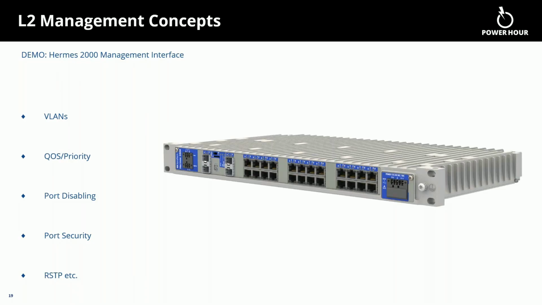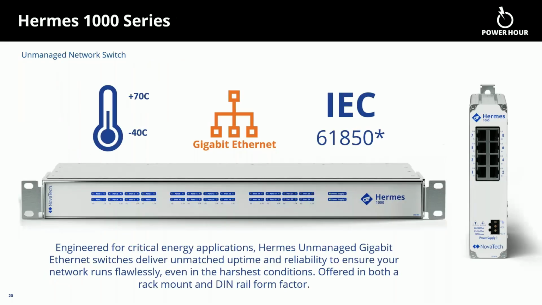So, all right. This is not part of the basic networking presentation. This is just something that we thought you'd be interested in since you're on a NovaTech webinar, and it is, I guess, a basic networking product. This is the Hermes 1000. No, Hermes 1000 is not a layer 1 switch. That would be a hub.